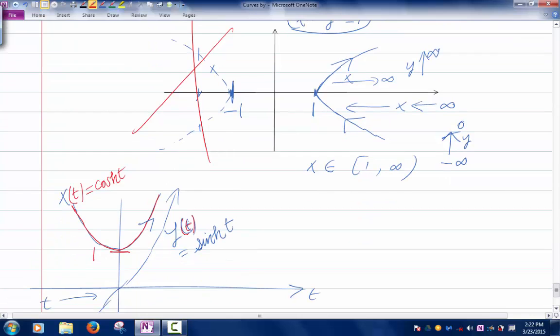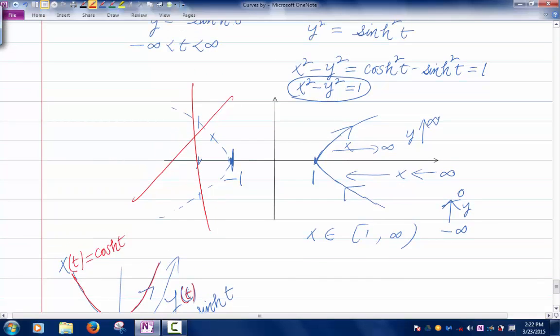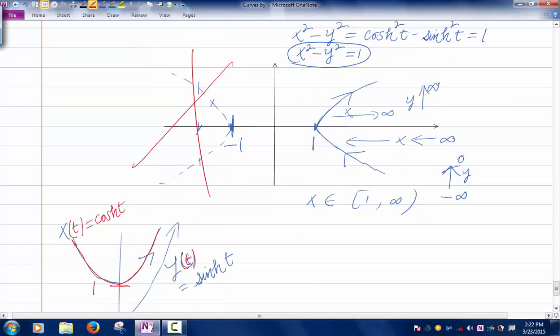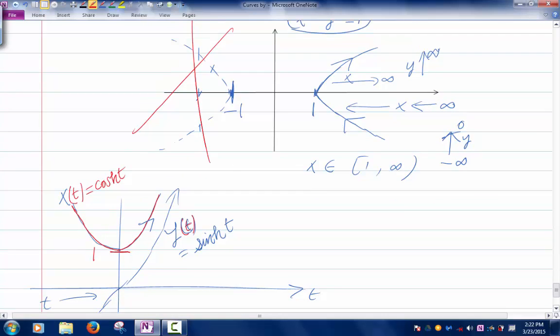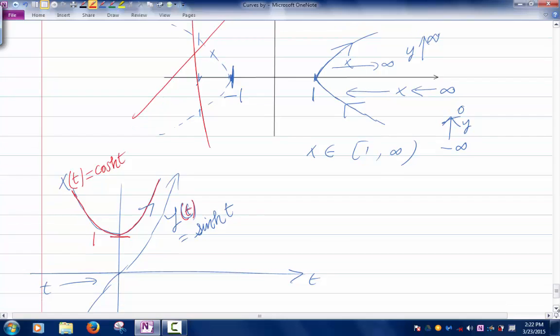How? Once again, what is x? X is hyperbolic cosine t, y is hyperbolic sine t, right? And I know the graphs of them. Now, let's think about this for a second. What is happening as t goes from negative infinity to 0? As t goes from negative infinity to 0, what is happening to x?